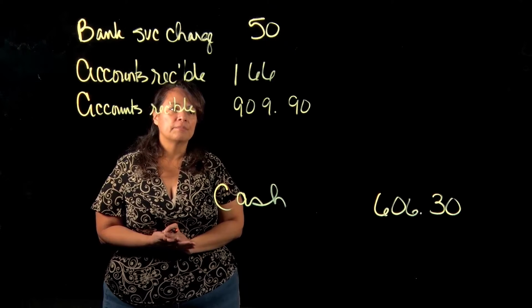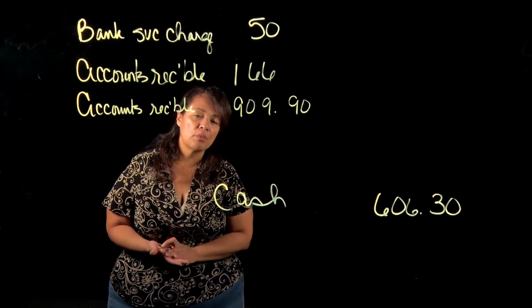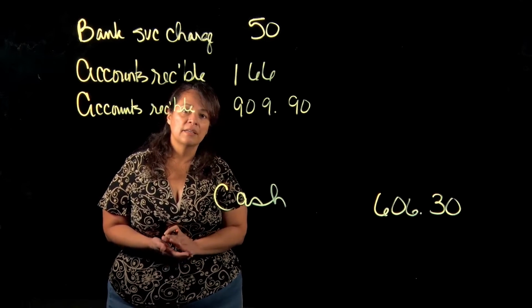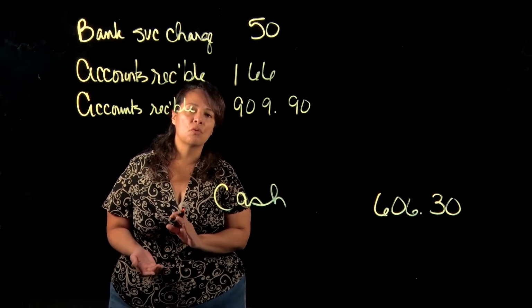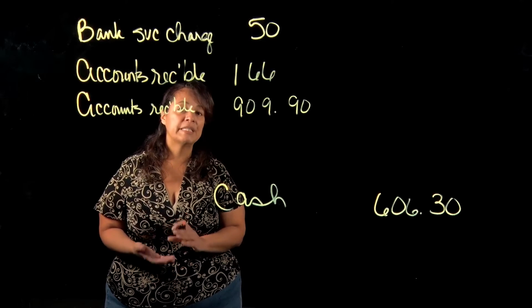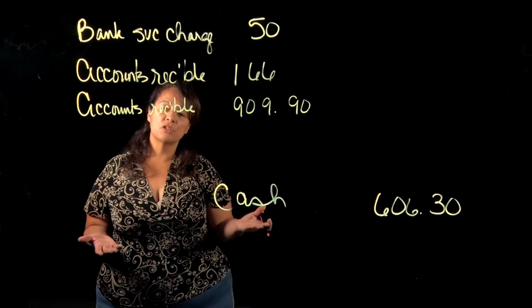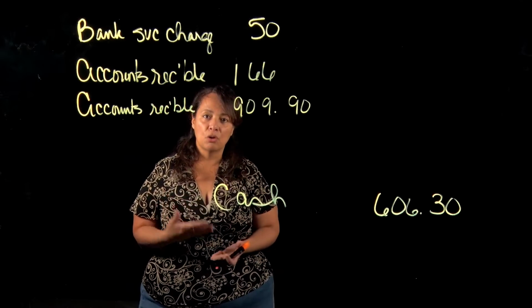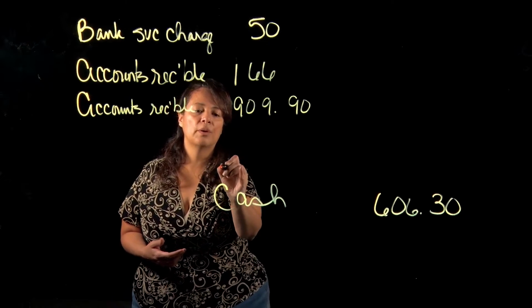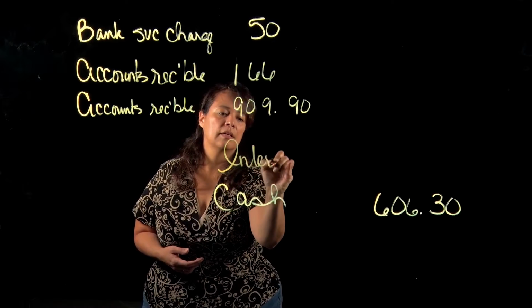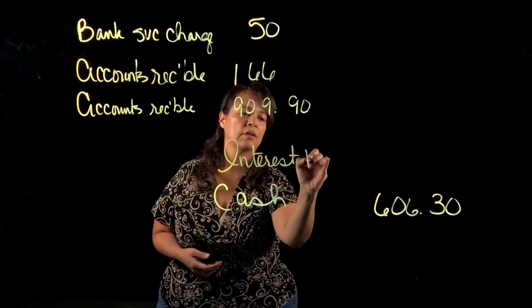What else happened? We received interest revenue that the bank collected for us on those municipal bonds, and also for having our account with that bank, we received interest revenue. Interest revenue, you know, has a normal credit balance, and so we are going to credit interest revenue.